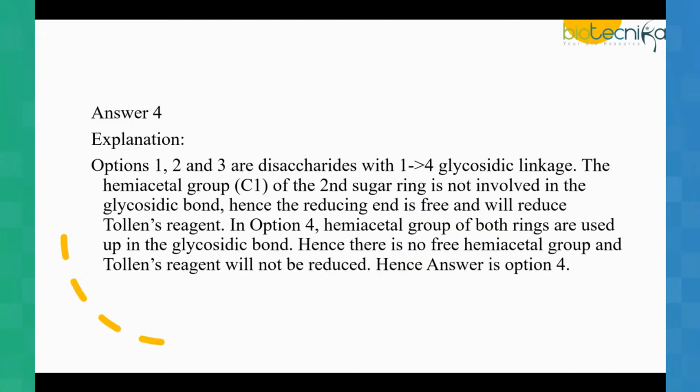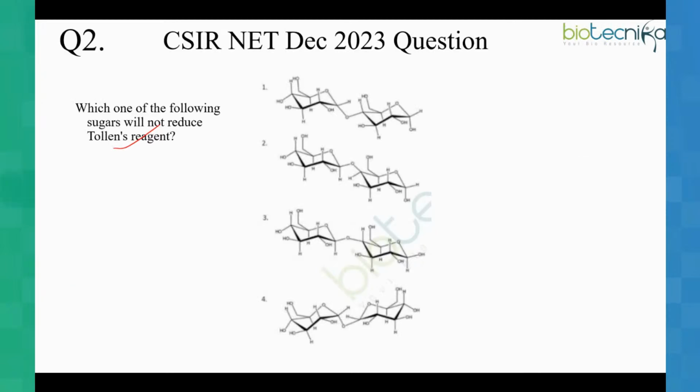Anyone? See here, options 1, 2, and 3. We know disaccharides are connected by glycosidic linkage. Either you write the sugar molecule in the regular plane like this, or you draw it as it is present normally.